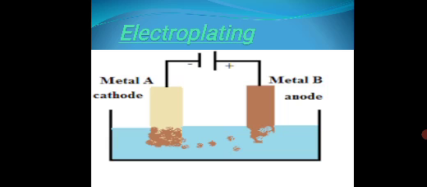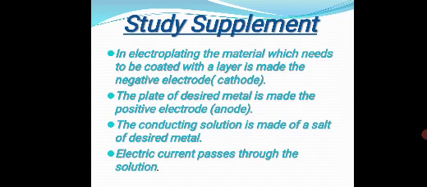So in electroplating, for example, if we want silver or gold plating, the plate of that metal will be placed on the anode, and the thing on which we want this plating will be placed on the cathode.